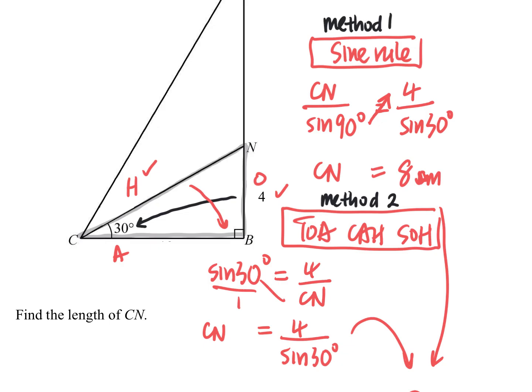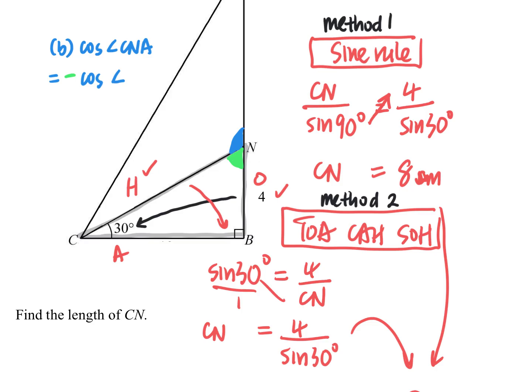Okay, part B. Part B wants us to find cosine of the angle CNA, which is the obtuse angle. So we all know that if they give obtuse, you must relate it to the acute beside it, but add a negative sign in front.